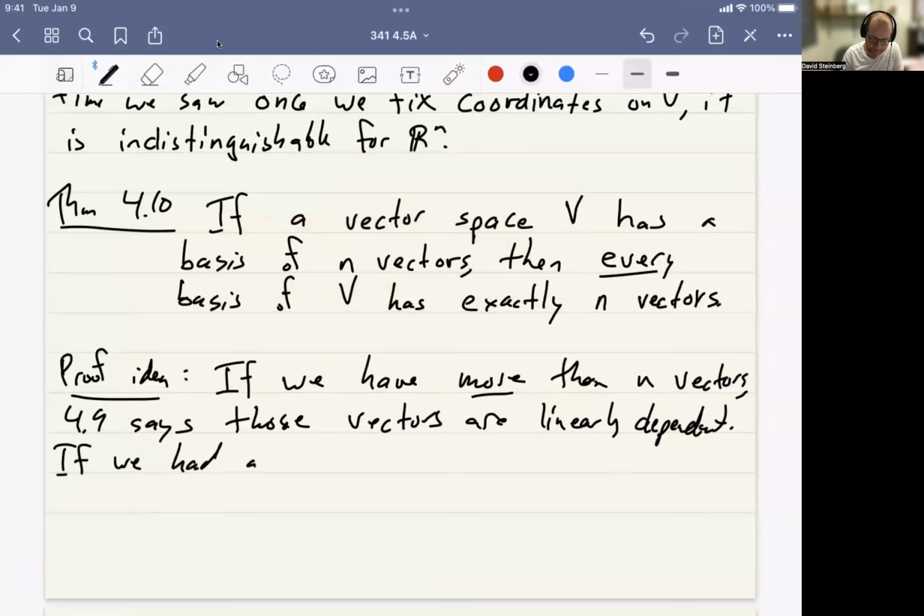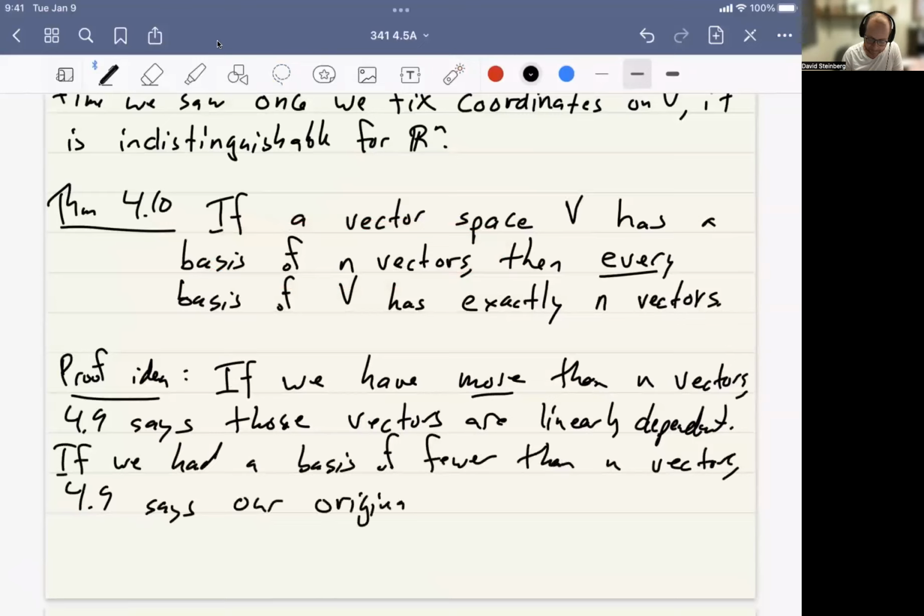If we had a basis of fewer than n vectors, 4.9 says our original basis is linearly dependent, which we know it isn't.